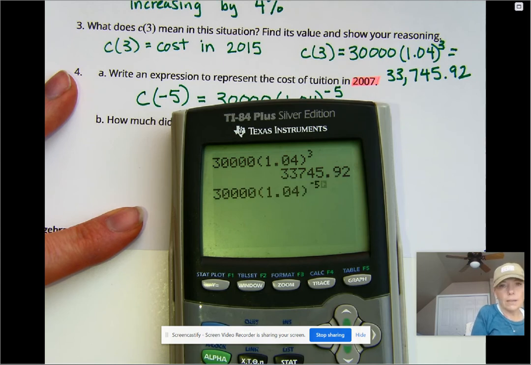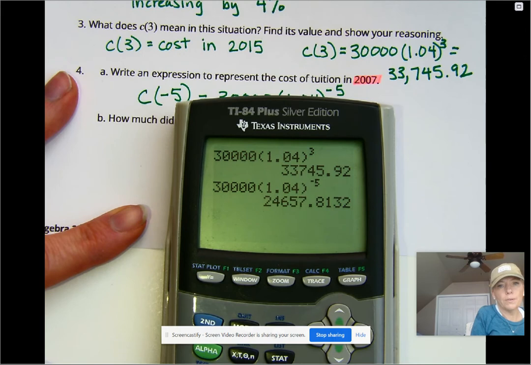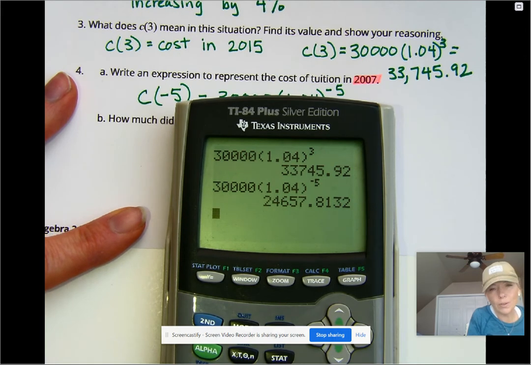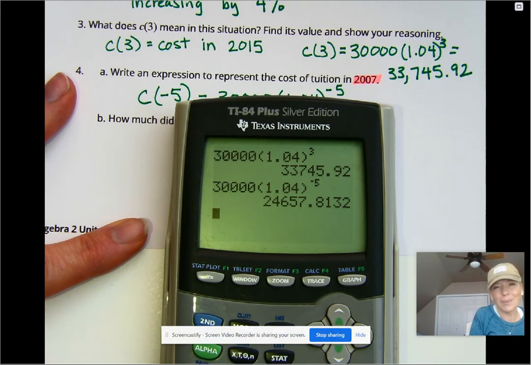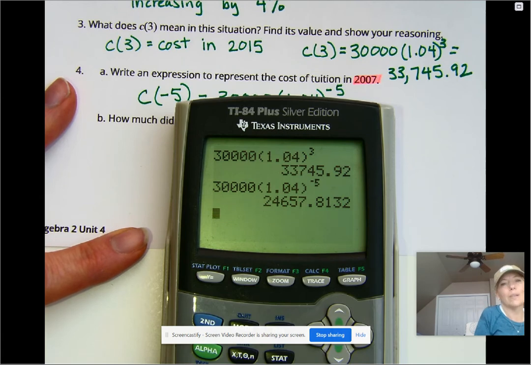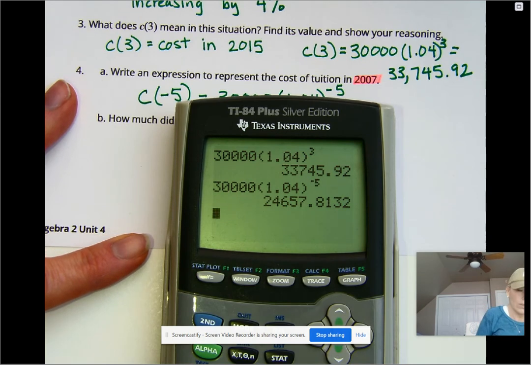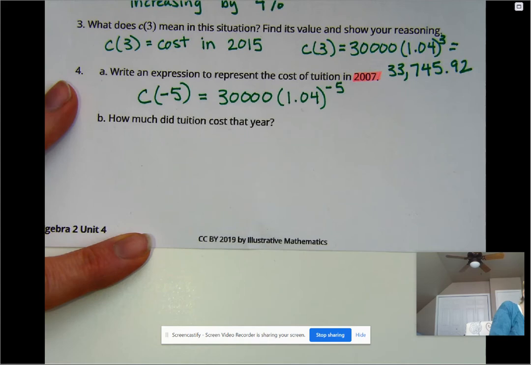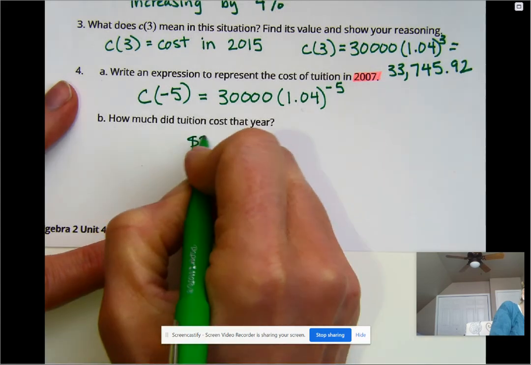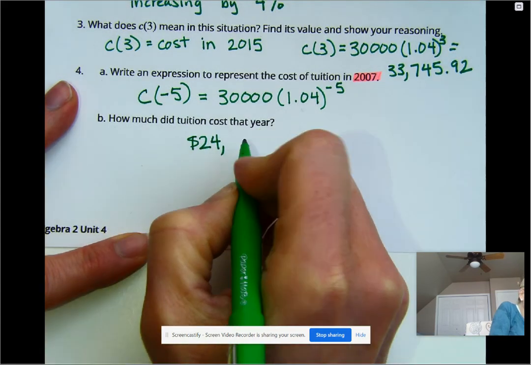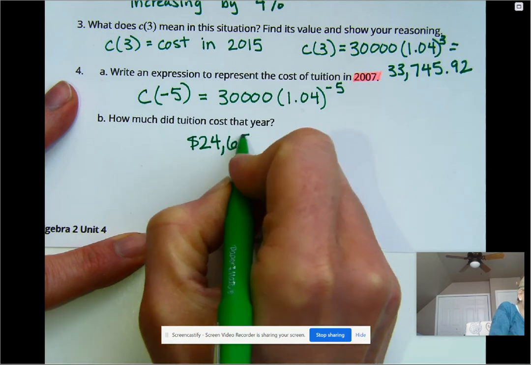And it looks like $24,657.81. I'm going to round that to $24,658. Okay.